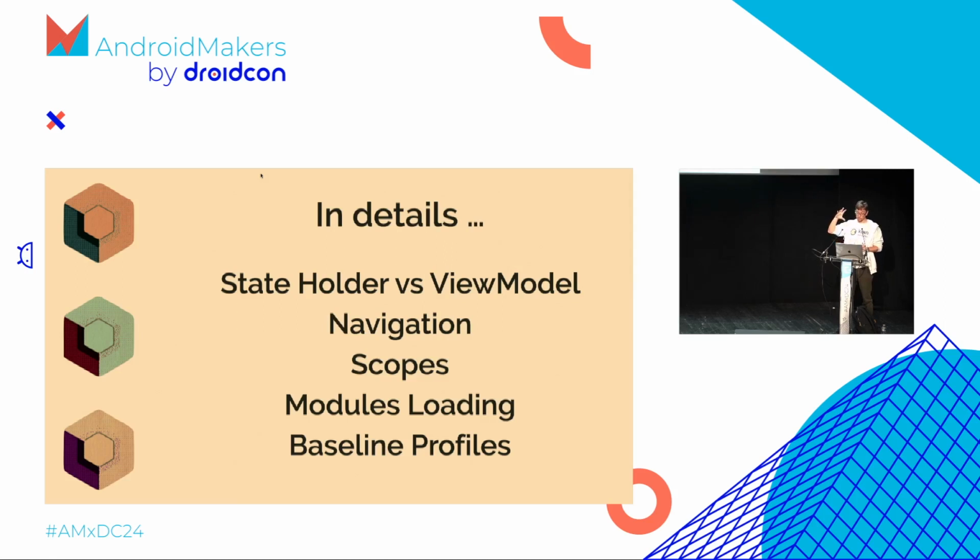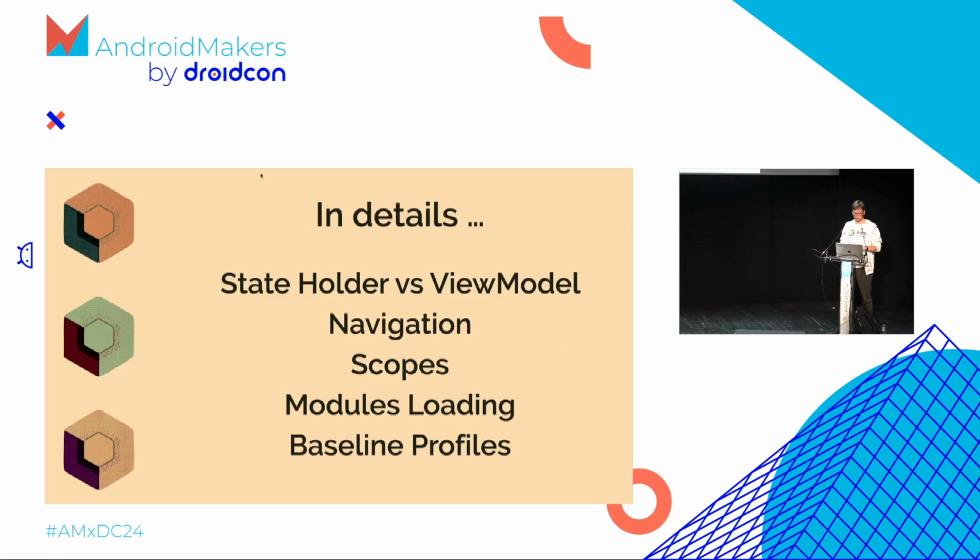You also have interesting features like scope, so you can have inner scopes inside a composable, and you can also load modules for a given composable. For example, if it's a route, you can say for this route I'm loading this module, and you can load and unload the module directly on the fly in your application.